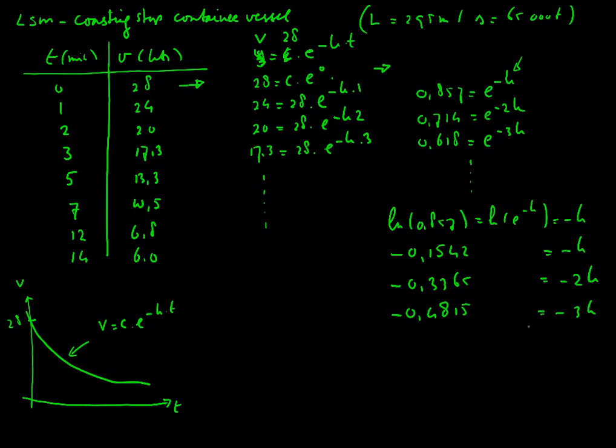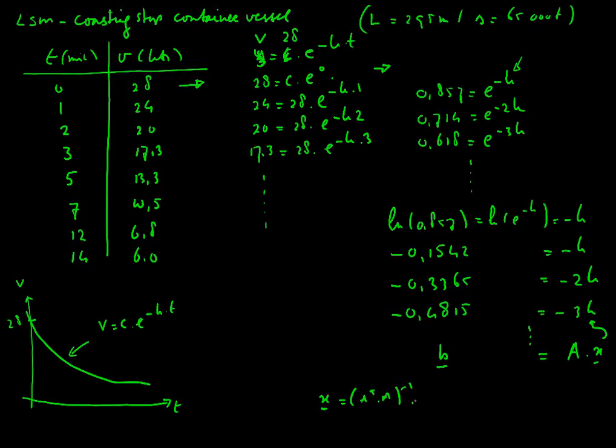Next one would be something like minus 0.3365 equals minus 2k. Another one, and then you can find that out yourself, minus 0.4815 equals minus 3k, etc, etc.